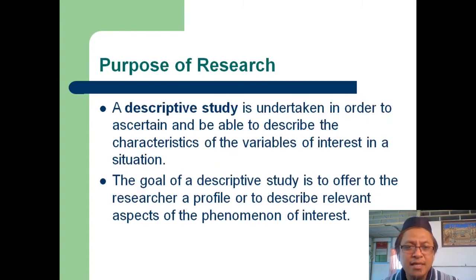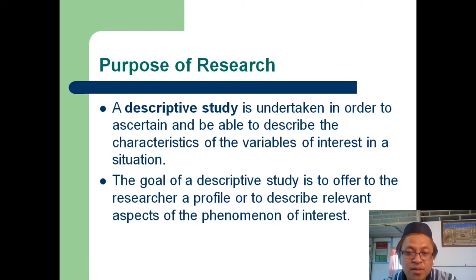Another type of study is called descriptive study. This type of study is undertaken when you want to describe the current situation or the phenomenon. You have a certain area that you want to focus on, which is called an aspect of the situation, also called variables.